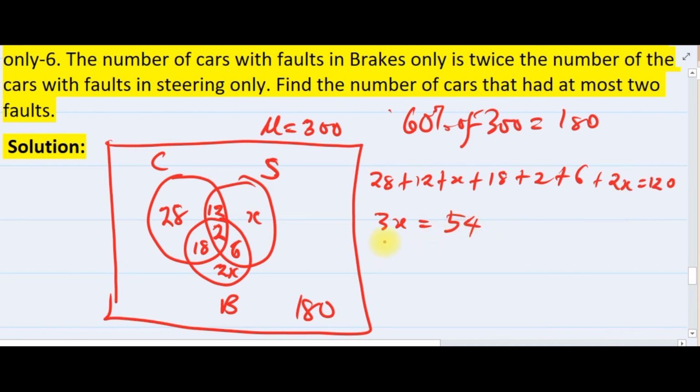So 54 is 3x. Okay, let's not get the value of x, because what they ask us is to find the number of cars that had at most 2 faults. At most means less than or equal to 2. So the number that had faults in less than or equal to 2 faults is either none or 1 or 2.